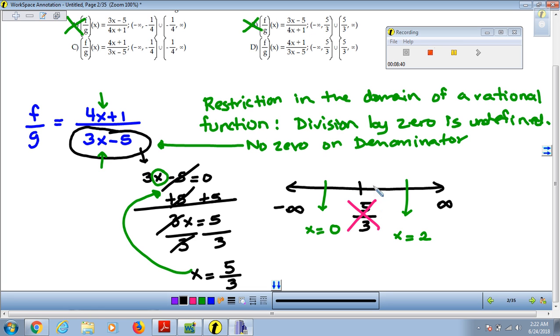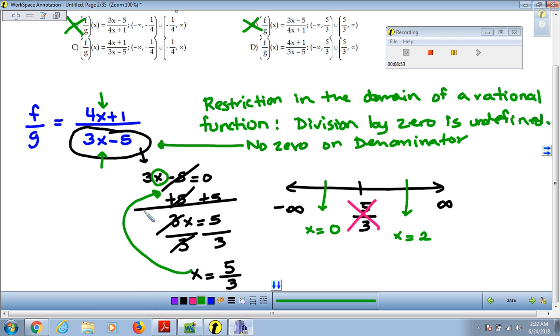So 5/3 is one that I cannot substitute. Okay. Now, why could I substitute any other number? Because I chose at random a number to the left side of 5/3 and a number at random to the right side of 5/3. The only thing that you don't ever want to get on the denominator is 0, but anything else, it's fine.